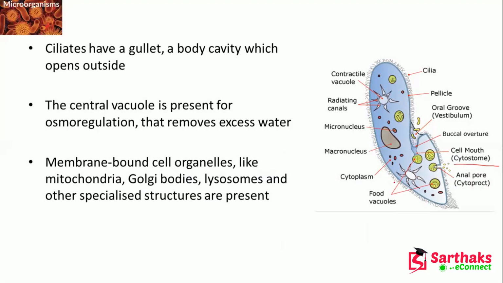The ciliates have the gullet and a body cavity which opens outside, and the central vacuole is present for osmoregulation, which removes the excess water. Membrane-bound cell organelles like mitochondria, Golgi bodies, lysosomes and other special structures are also present.